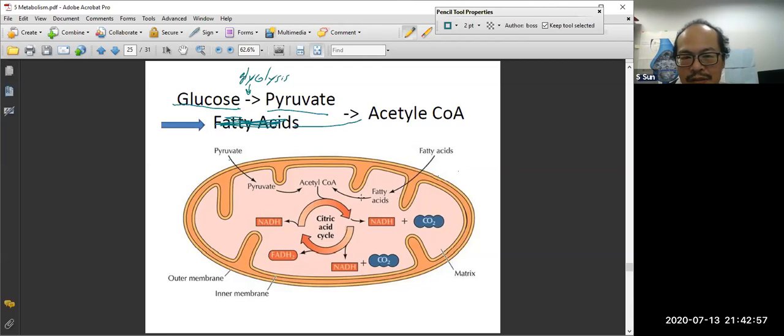It directly converts to acetyl-CoA in the mitochondria, and then it goes through this citric acid cycle to produce ATP. So that's very much the same. It just skips the glycolysis process. Fatty acid can directly convert to acetyl-CoA and then go into the citric acid cycle to produce NADH and FADH2.